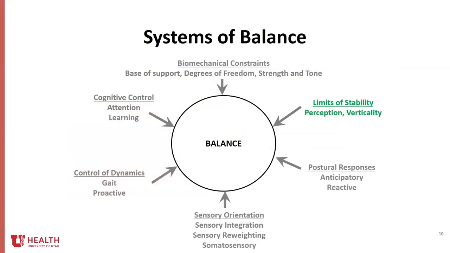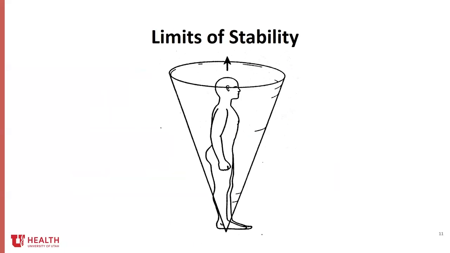A second system of balance is our limit of stability. This includes things both in our perception of our limit of stability, but also in how stiff or vertical we can be. Typically, we can think about our limits of stability as being a cone.